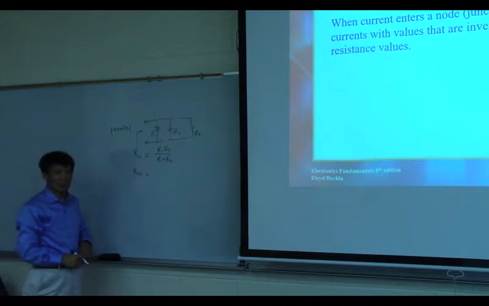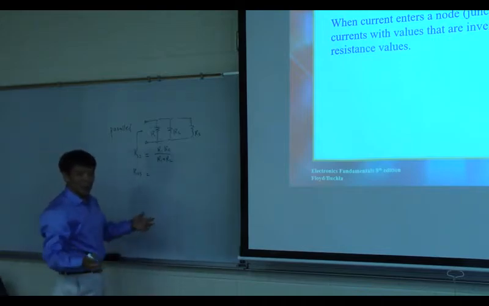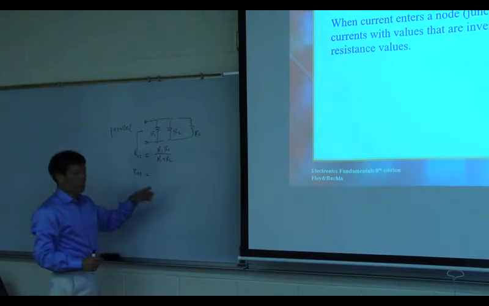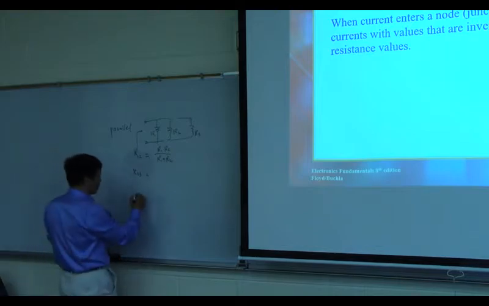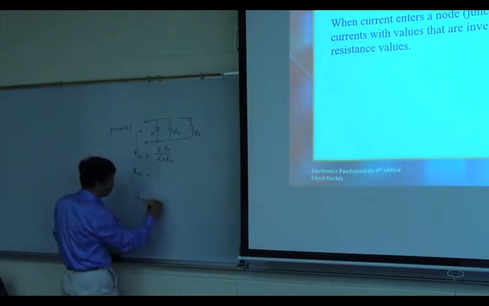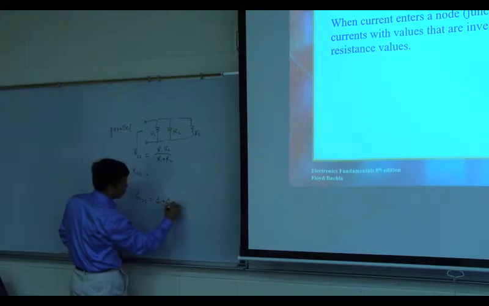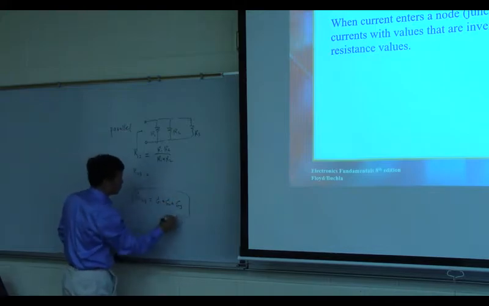Use conductance. The better way is, as we already mentioned, the total conductance equals the sum of individual conductances. That means G123 equals G1 plus G2 plus G3. That is the best way to do this.